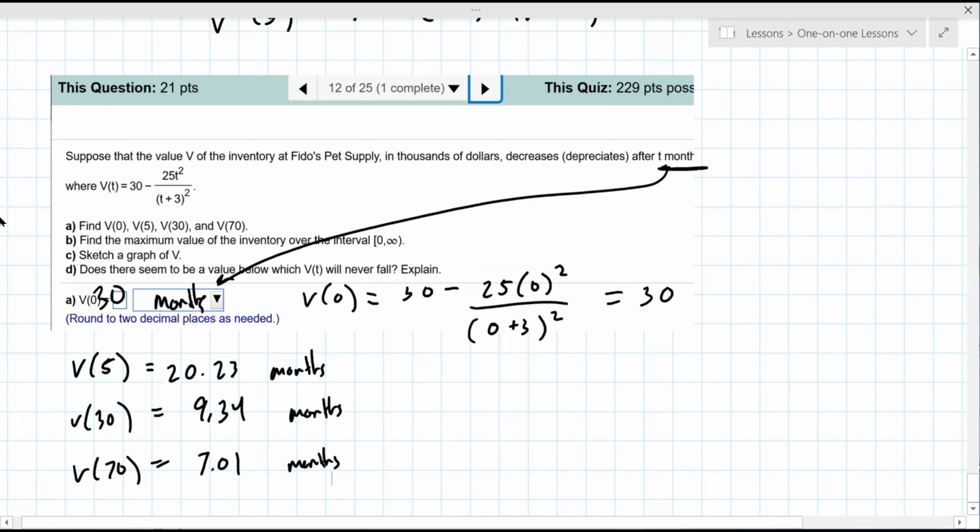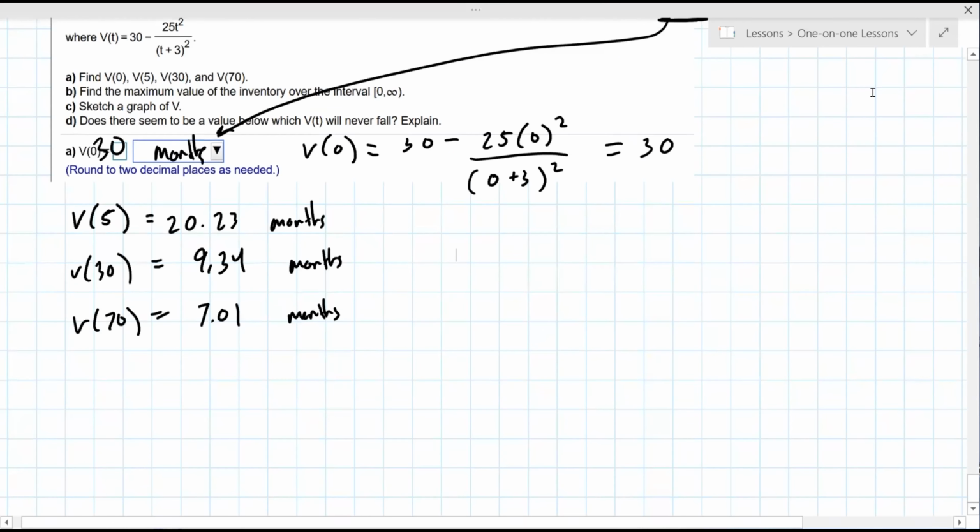All right, then you have to find the derivative. That's not ideal for you, but that's what we're going to have to do here. So the derivative of 30 is zero. So you're taking the derivative of this thing right here. There's a negative out front. It's the bottom function, t plus 3 squared, times the derivative of the top.